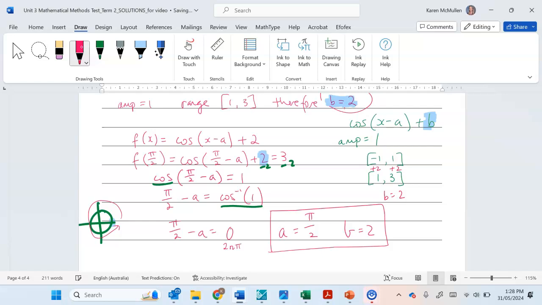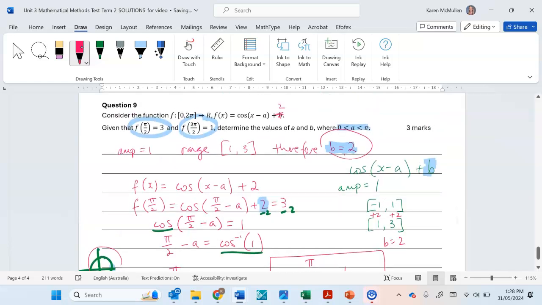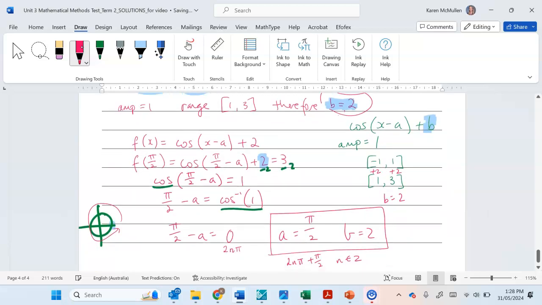So you would have a is equal to 2n pi plus pi on 2, where n is an element of z. So that's if you had to have a generic solution. But for this one, because your restrictions on a were from 0 to pi, we only have that one solution.